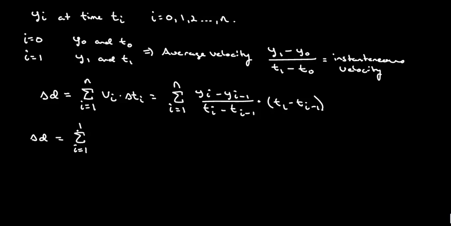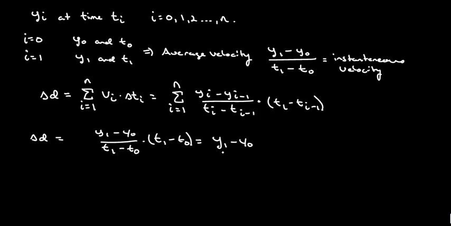And so if we just went from 1 to 1, what we get here is y_1 minus y_0 over t_1 minus t_0 times t_1 minus t_0. And that would only happen once. I shouldn't have put the sum here because bad notation. If you went from 1 to 1, this is what you would get out. Okay. And then this would be equal to y_1 minus y_0, your end position minus your initial position.